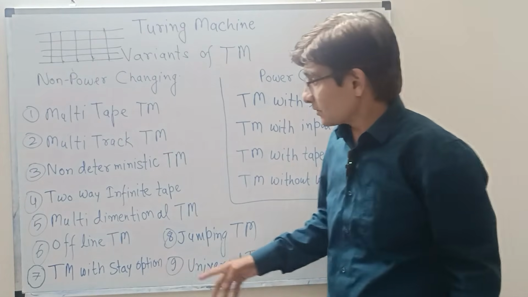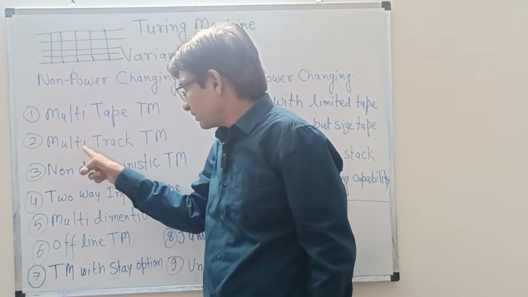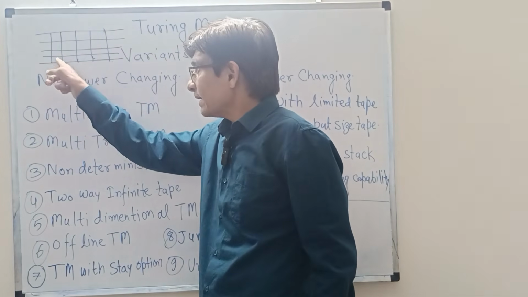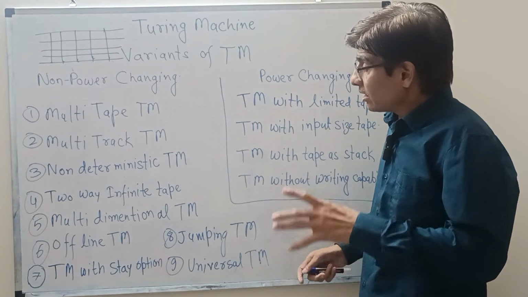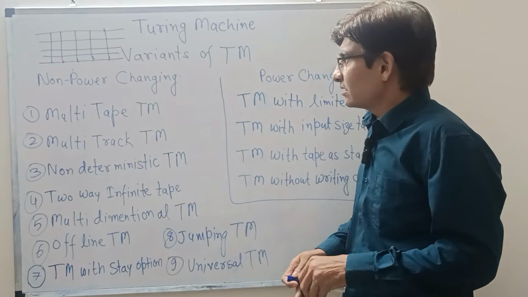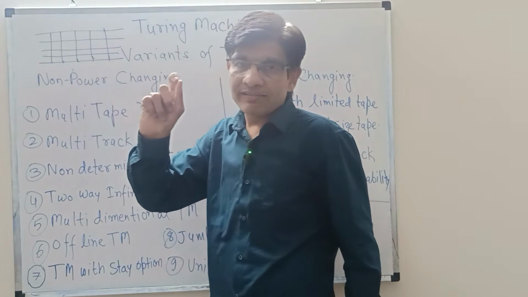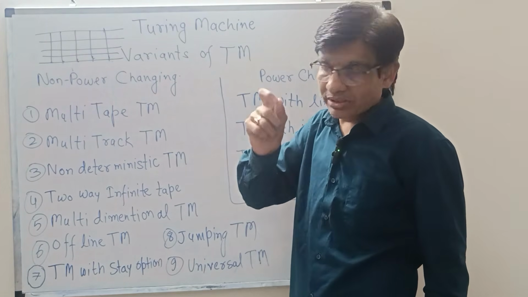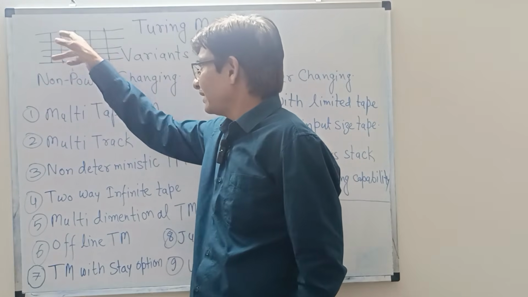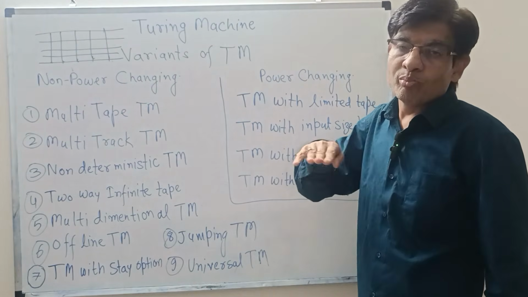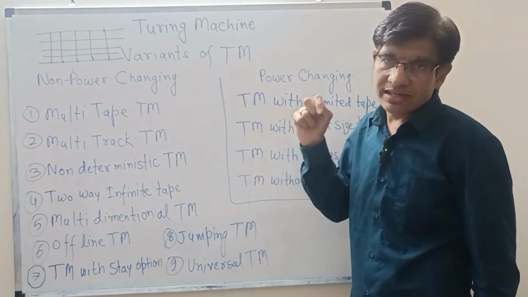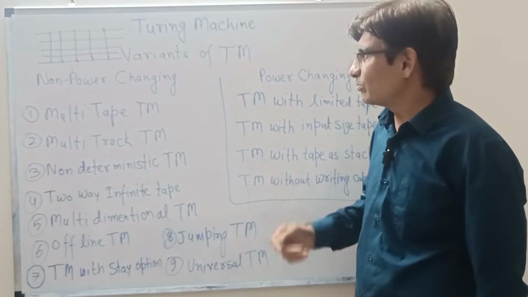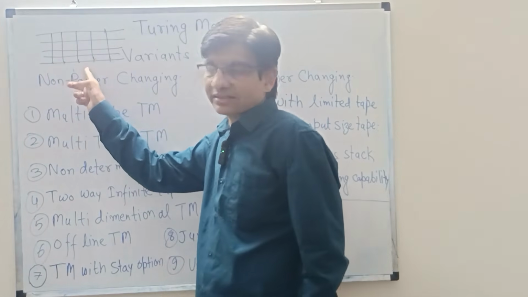So this particular multi-track Turing machine may have more than one track on a single tape. And also, as with each tape one read-write head is there, but in this particular variant, you may have more than one read-write head, one read-write head for each track. So this may also be there like this.